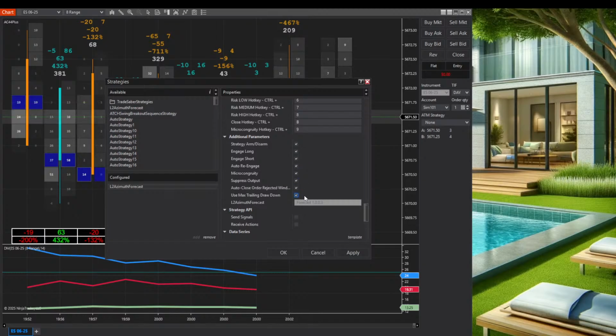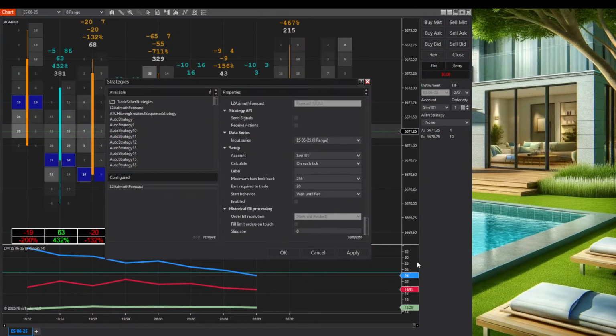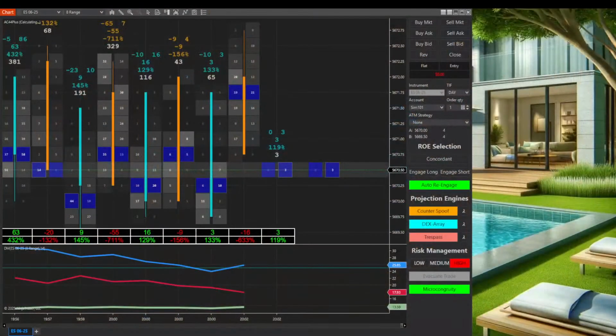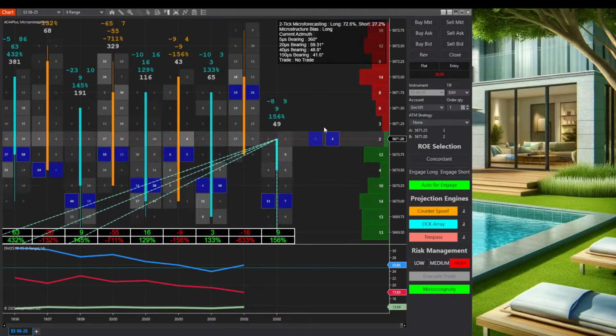So we're gonna just quickly turn on this robot. We're waiting for the robot to load. The machine learning is taking effect, depending on how many bars loaded you have.